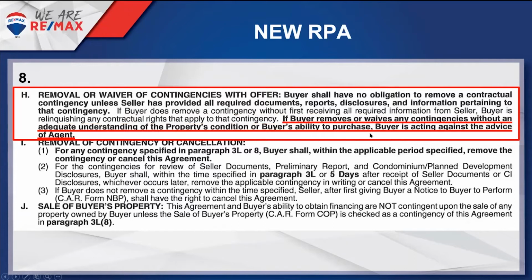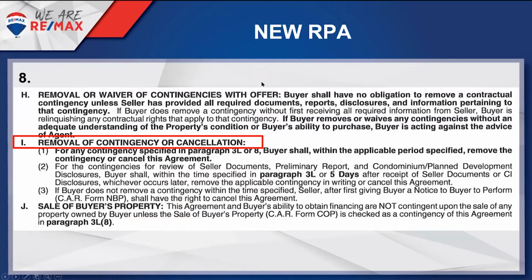Now, if the buyer removes or waives any contingencies without adequate understanding of the property's condition or the buyer's ability, or willingness, I would say, to purchase the property, the buyer is acting against the advice of the agent. So we're advising our agents not to remove contingencies till you get all of the documents from the seller. The seller cannot compel you to remove contingencies unless the seller has provided you the related documents that go with that contingency.